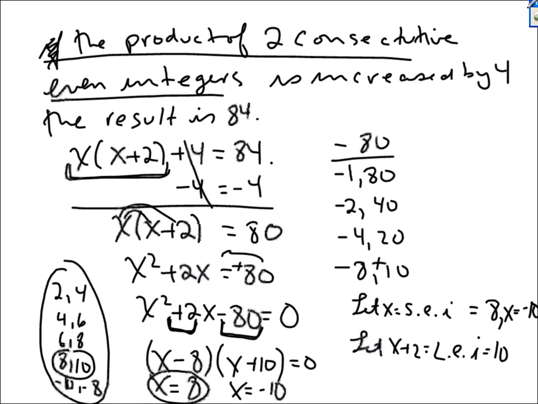And if x is negative 10, well then x plus 2 is negative 8. And there are your two answers. One pair of numbers, 8 and 10, and the other pair is negative 10 and negative 8. But we already had them without using algebra. But nonetheless, we had to use algebra.